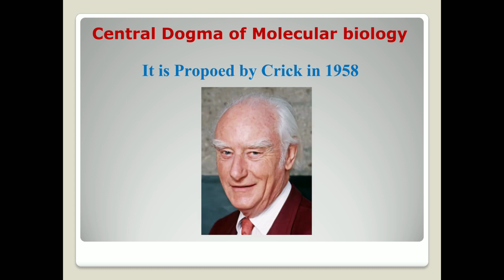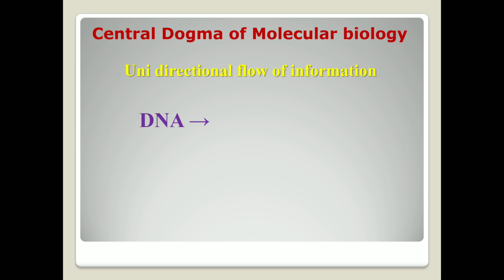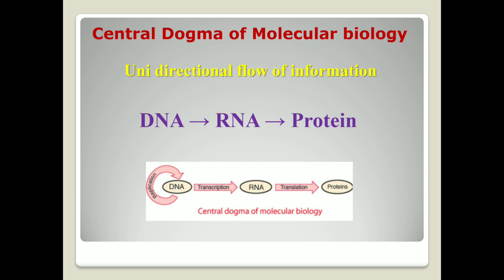Coming to the central dogma of molecular biology. It was proposed by Crick in 1958. According to this central dogma, the unidirectional flow of information from DNA to RNA, and RNA to protein, is called the central dogma of molecular biology.